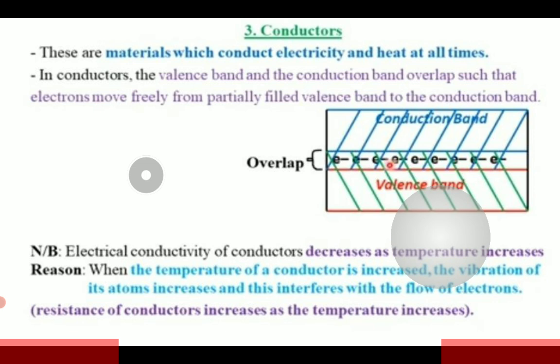Electrons can easily jump through that small gap to the conduction band. Therefore, they conduct. And semiconductors can have their conductivity improved or enhanced by simply raising the temperature of the material.